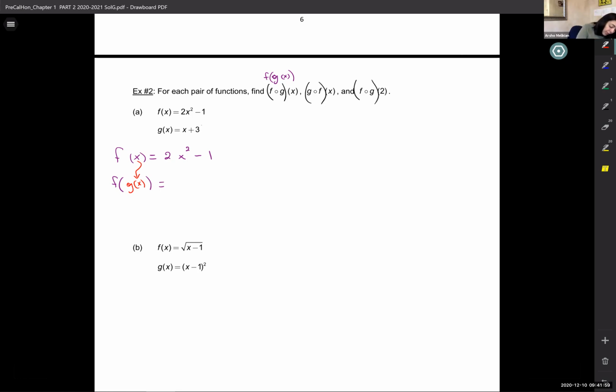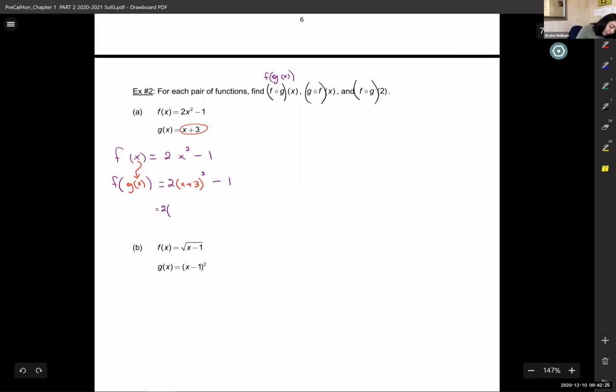So look, this is g of x. In my function, it's 2 times x, which is now g of x, squared, minus 1. Do you see the 2 times blank squared minus 1? It's the same as f of x. And then you have to simplify this.